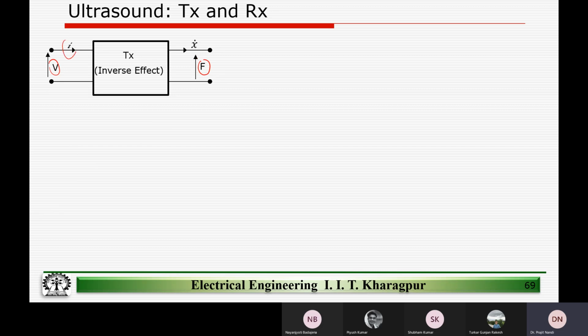Similarly, the current on terminal 1 is synonymous to the displacement at terminal 2. This makes sense because we have looked into how from the electrical domain we can go into the mechanical domain and vice versa. And because it's a transmitter, we are talking of the inverse effect: we give an electrical signal and get an output in the mechanical domain. So how do we model this?